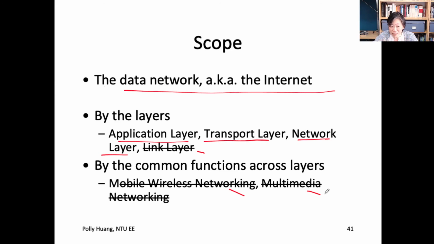Another thing I want to say is that I'm also designing Introduction to Computer Network 2, so that I can teach the rest of the protocol stacks that make the internet work. Because multimedia and mobile wireless concern our everyday life.